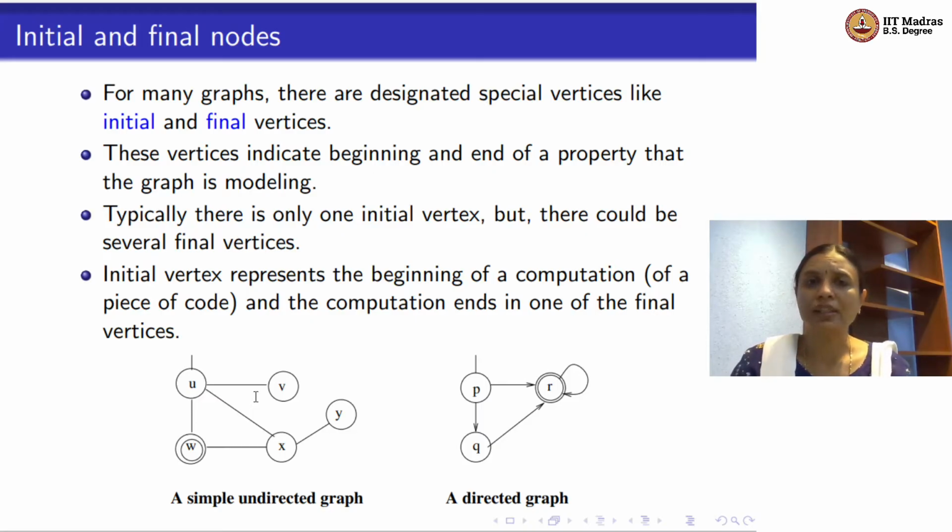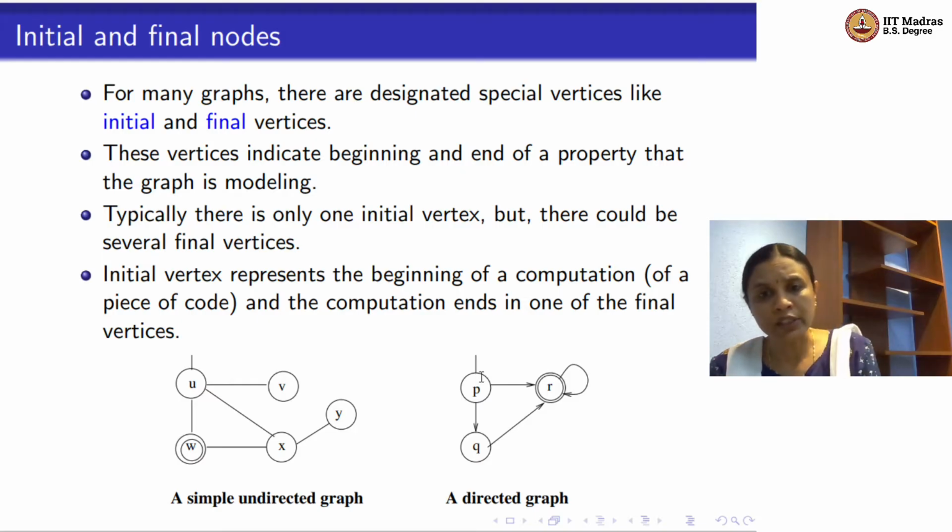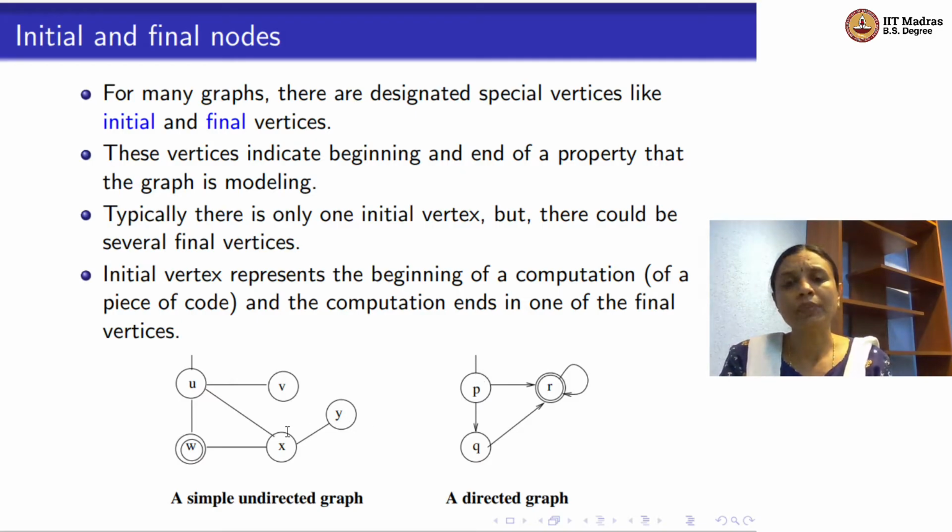Basically, initial vertices indicate that something begins from there. Maybe the computation of a method or a program begins from there. So, it is marked like this by an incoming arrow. Like here in this graph, U is an initial vertex and in the graph on the right, P is an initial vertex. A final node represents something ending there.